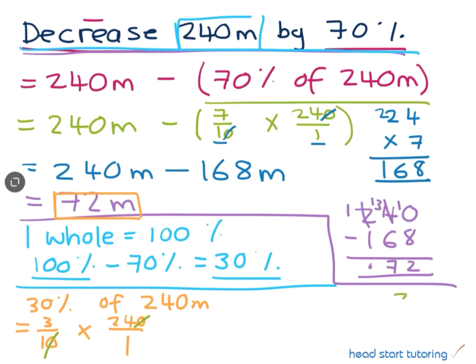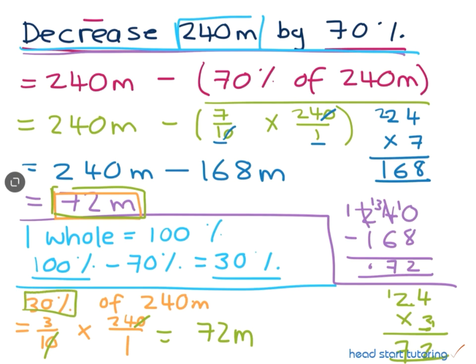So 3 times 24 we do on the side, or 24 times 3. And then we work out 3 times 4 is 12, carry our 1. 3 times 2 is 6, plus 1 is 7. So we end up with an answer of 72 meters, which is exactly what we got here. So we can see that working out 30% of 240 meters is exactly the same as working out or decreasing 240 meters by 70%.